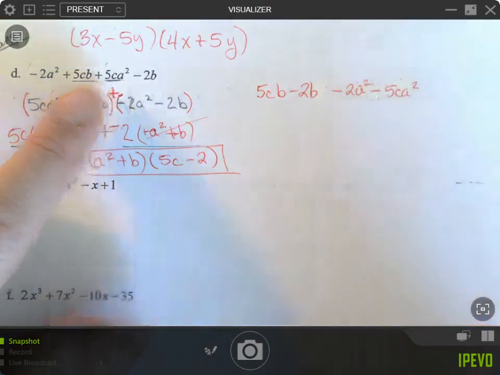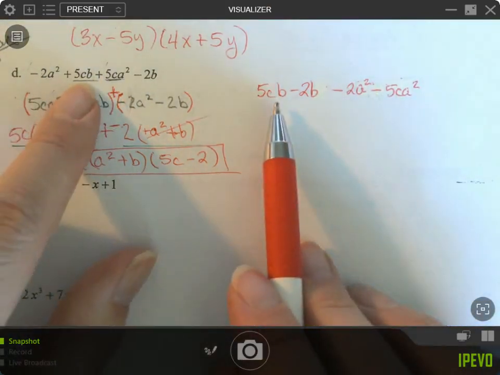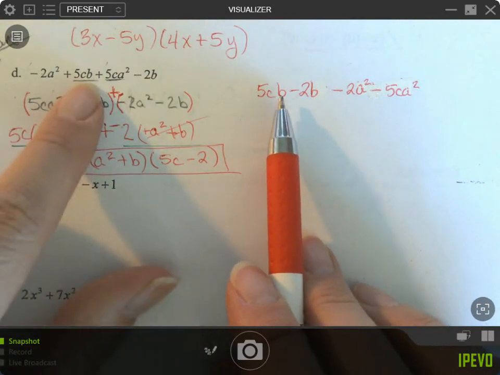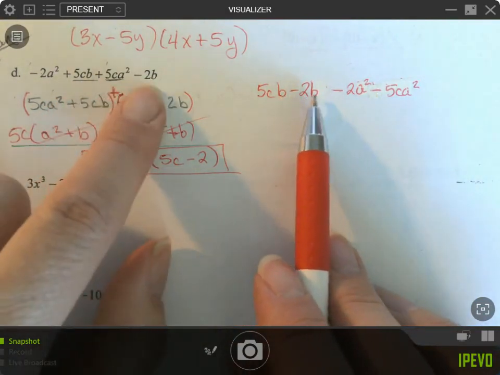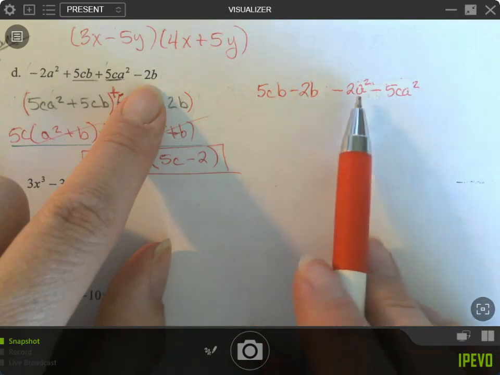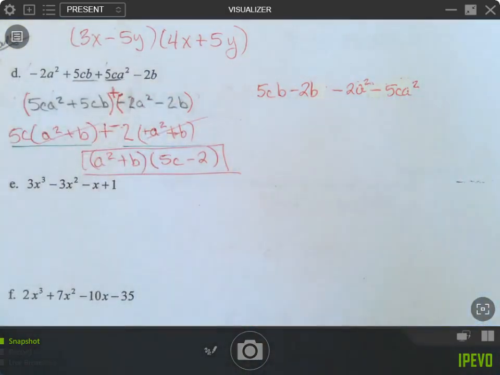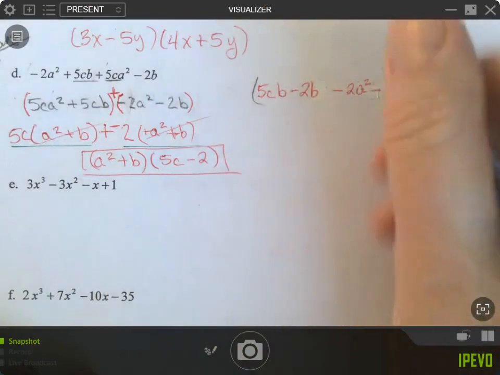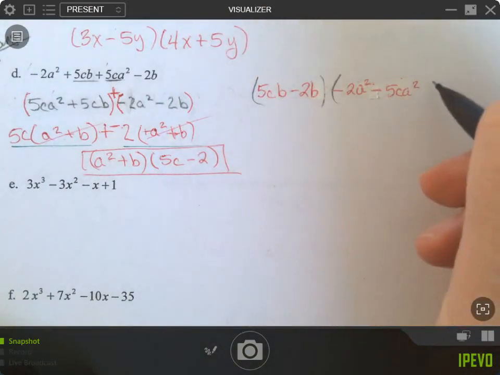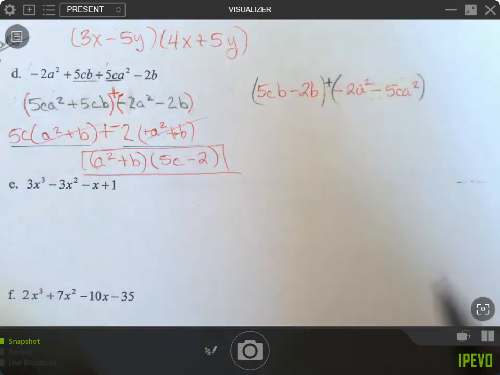Okay, let me restart here. I put the 5cb first, and I paired it with the minus 2b because they both have b's. And then these both have a squareds. Do you see how I did that? So if you don't want to write this second one down, you don't have to, but pay attention because I at least want to show you what happens. When I go to group the first two, keep that minus sign in, so I'll build in my own plus sign.